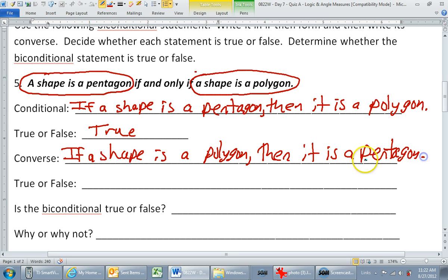All right? Is this a true statement or a false statement? Only heard one person. Is this true or false, you guys? This is false. Okay? We have all kinds of polygons. You know, triangle, quadrilateral, hexagon, heptagon. Chase, head up, brother. So, if a shape is a polygon, it could be any of those. So that doesn't mean it's a pentagon. So that's definitely false.